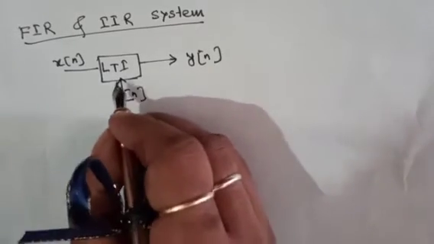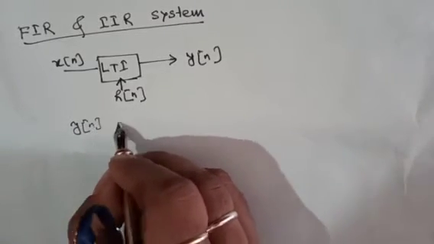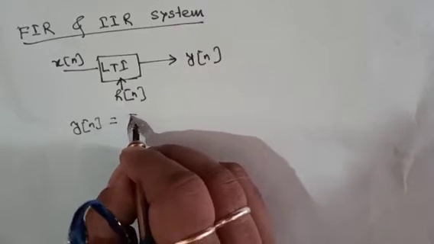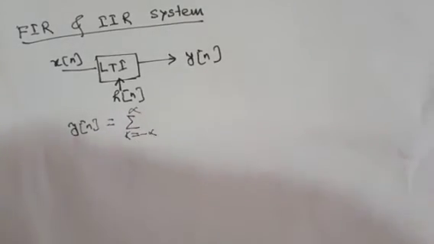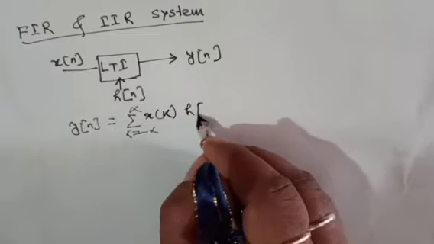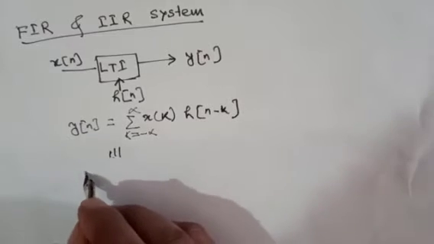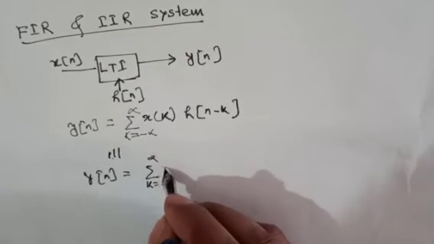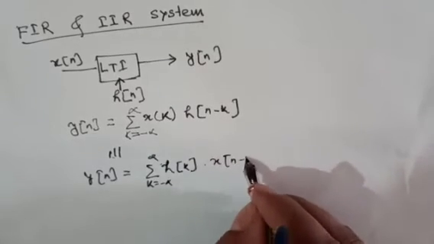For a known impulse response h of n, the y of n can be represented as the convolution sum of the input and the impulse response, that is, the sum over k from minus infinity to infinity of x of k into h of n minus k. Or equivalently, the same y of n can be written as the summation over k from minus infinity to infinity of h of k into x of n minus k, because convolution is commutative.